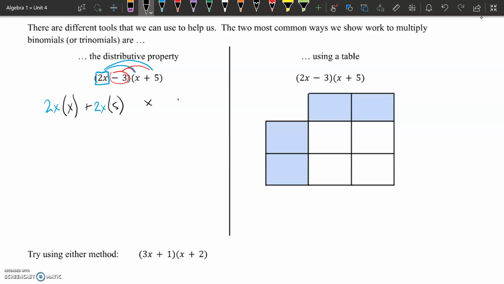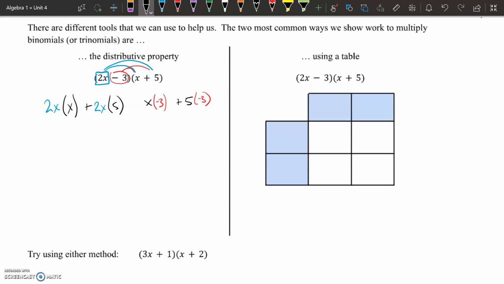So this is how we showed it in class. We had the x and the plus 5, and I took the negative 3 times the x and the negative 3 times the 5. And we showed how we were distributing the 2x and then separately distributing the negative 3.